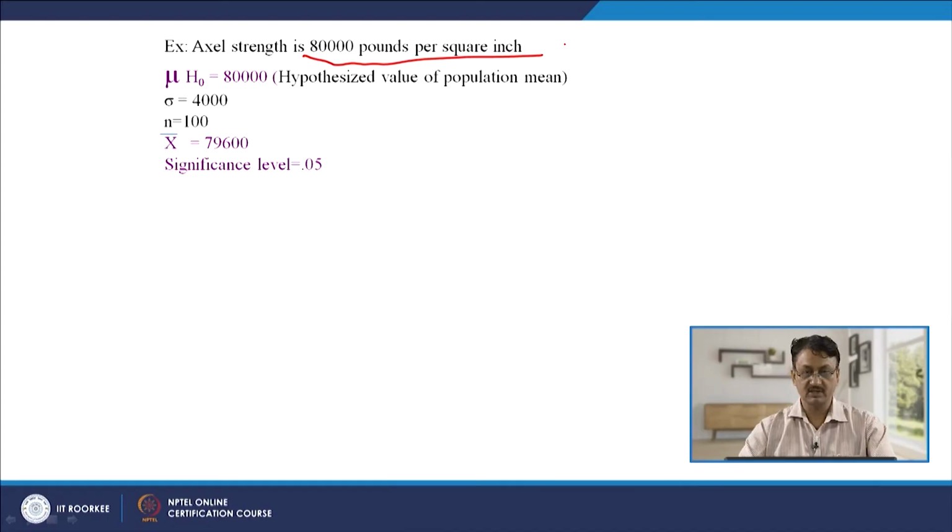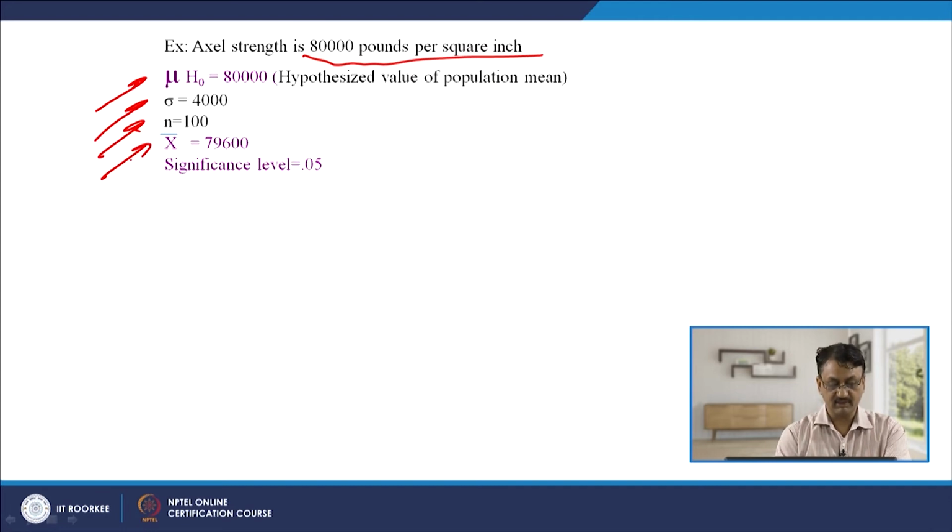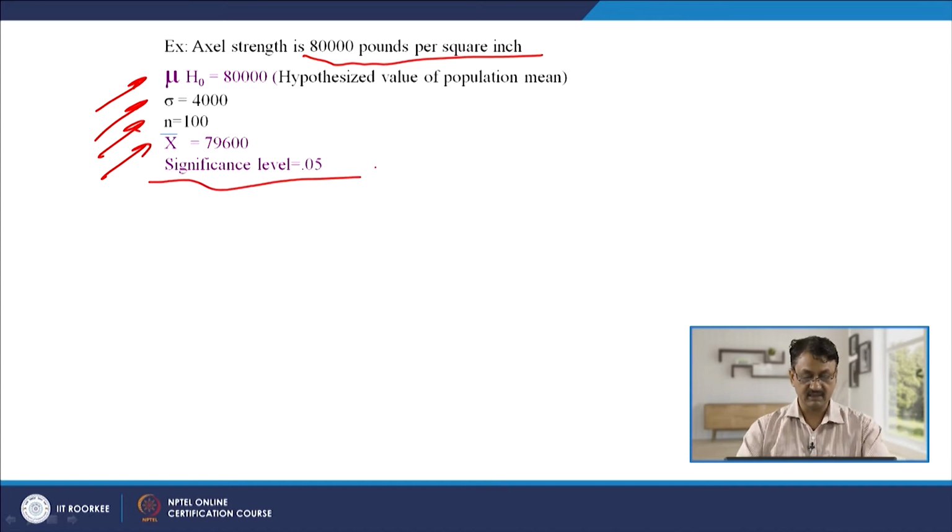The alternative hypothesis is that the strength of the axle is not this much, so this is a case of a two-tailed test. You have been given the hypothesized mean, the standard deviation of the population, the sample size and sample mean, and the significance level alpha is also given. So, how to solve this question?